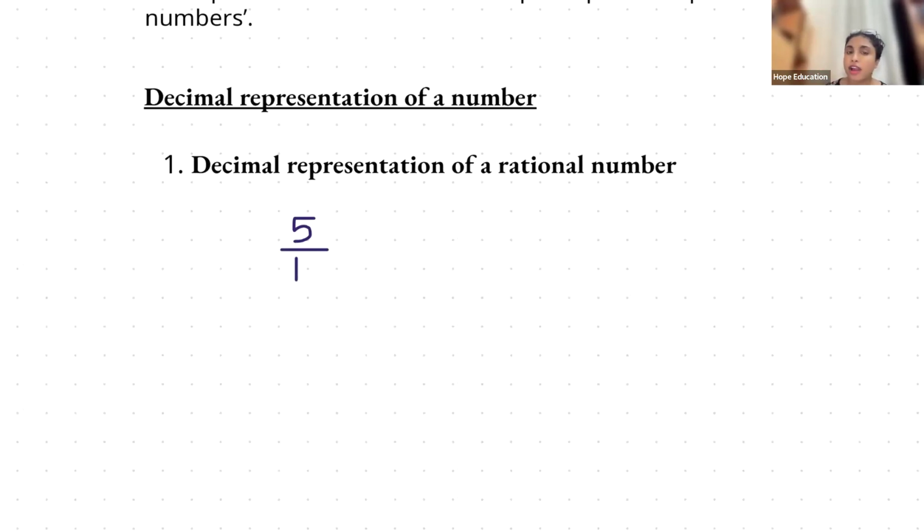How do I write 5 as a decimal? Can I write 5 as a decimal number? Based on what you know, can I write 5 as a decimal number? If you say yes, how?